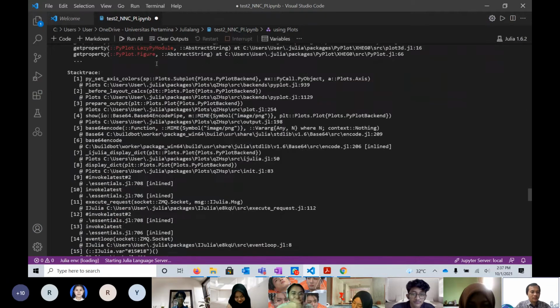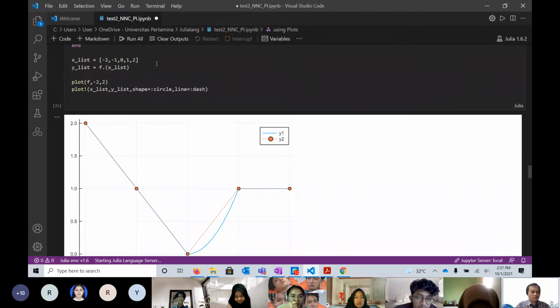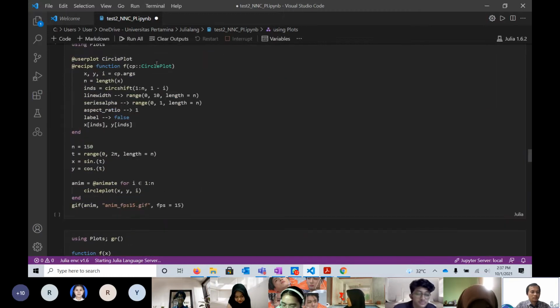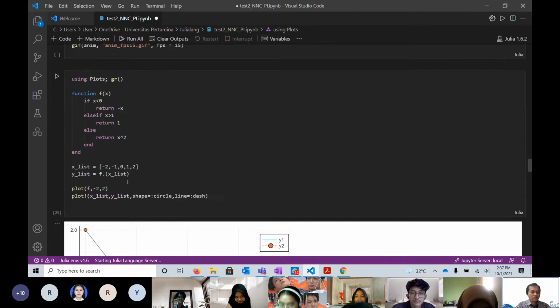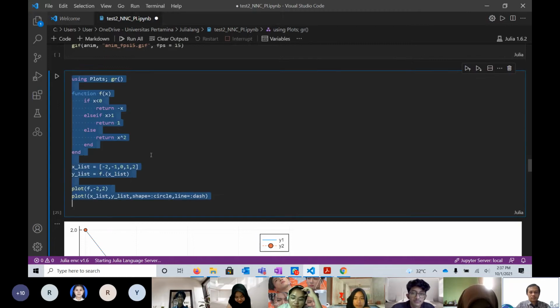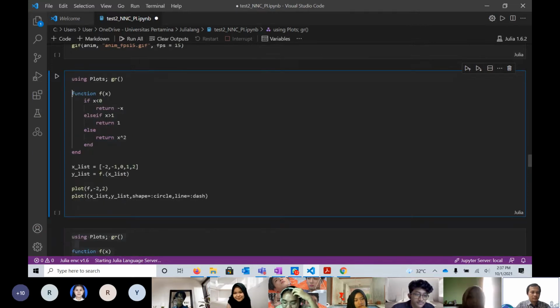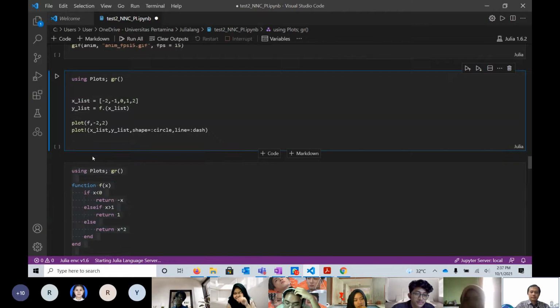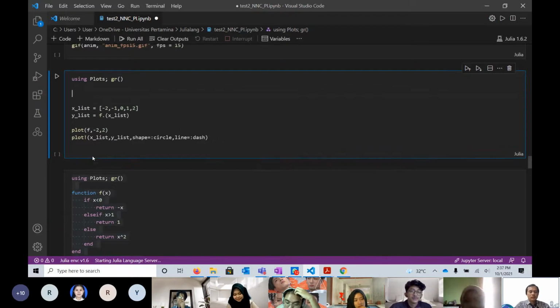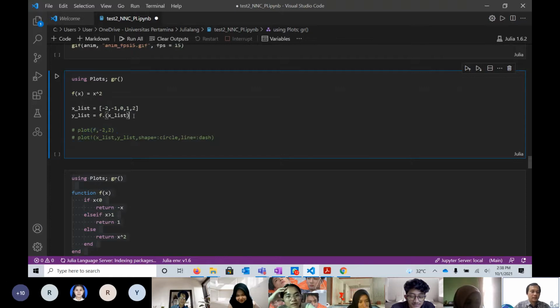Where is the plot? Let's say we have f of x equals x squared. Okay, now the first step is to plot.